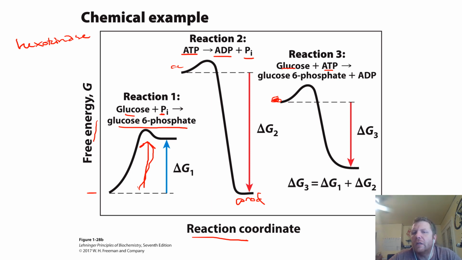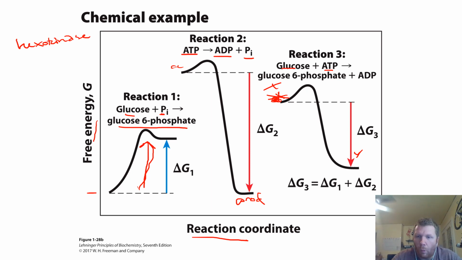So glucose and ATP have a net that's right here where I'm drawing my little star there. All right, my product, glucose 6-phosphate plus ADP, is lower than our starting point, and we were able to ultimately get to a product that's lower energy than our starting point. So that's a favorable reaction, going from where I have my X to my Y. That's an overall favorable reaction.